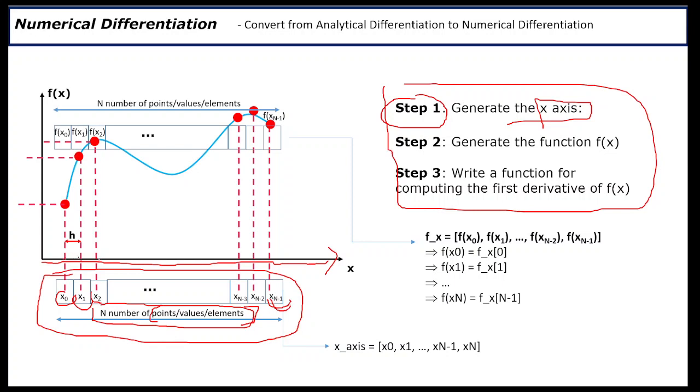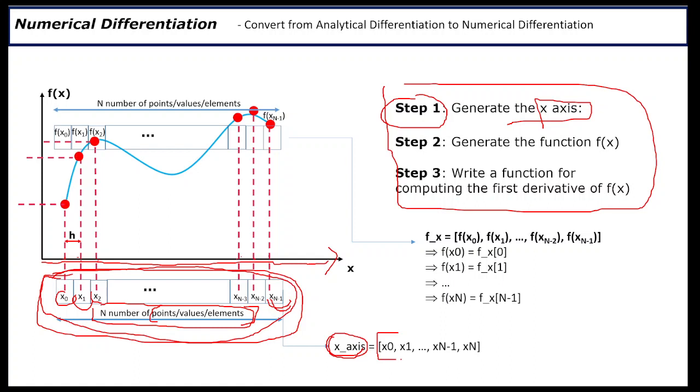So it will be a discrete axis, not a continuous axis as humans usually perceive, and each point defines a value of the axis. This array of n x values is our x-axis in the computer.